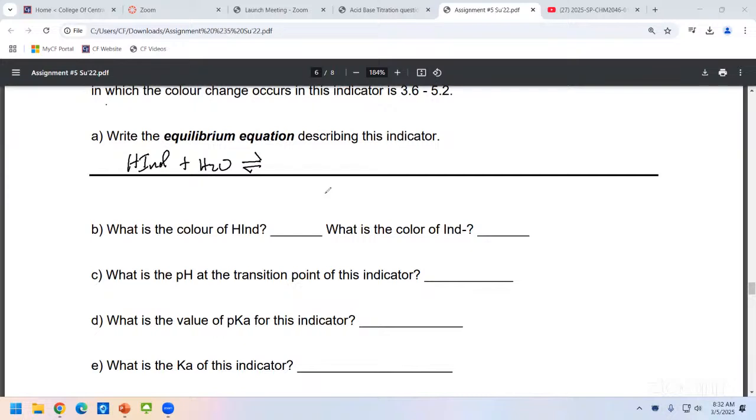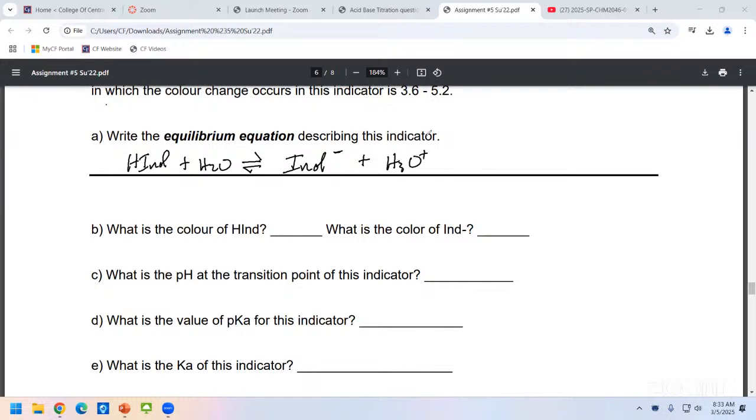What would be the products of this dissociation? Ind minus plus H3O plus. Okay, very good.